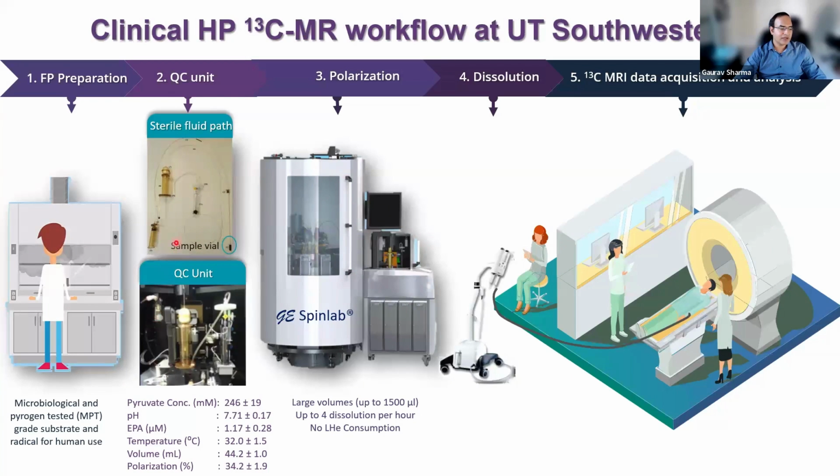Soon after polarization, we test all these parameters to see whether they are within range. Because this is a clinical polarizer, the major difference is that it can handle more volume and do four dissolutions per hour, and it does not consume any liquid helium.